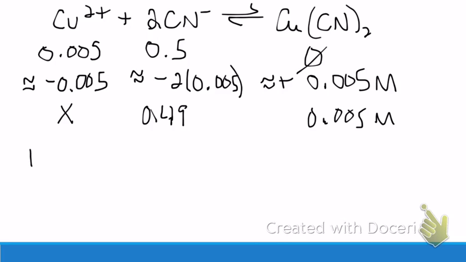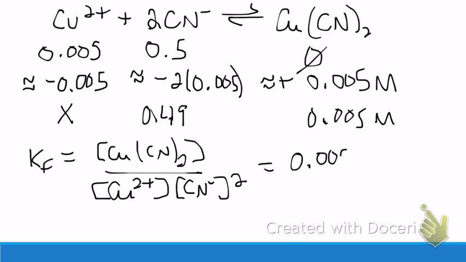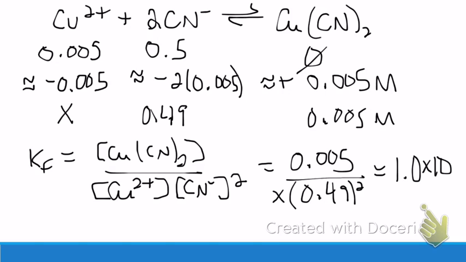We can write our expression for Kf. Again, it will be our complex ion divided by the concentration of the copper times the concentration of the cyanide squared. Don't forget those coefficients. And then when we plug in our values here, we get 0.005 over x times 0.49 squared, and that can be set equal to 1 times 10 to the 16.